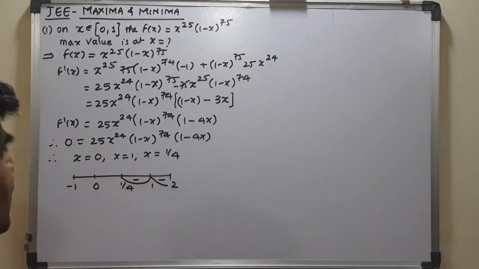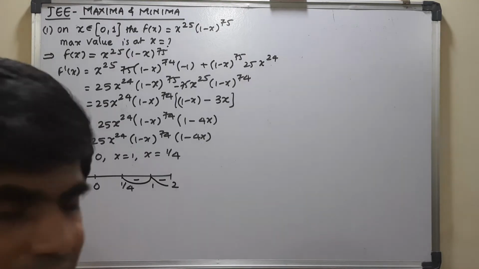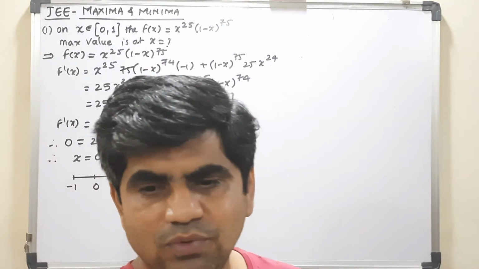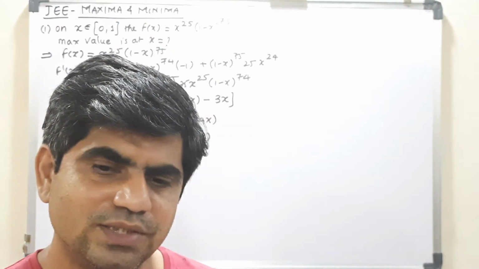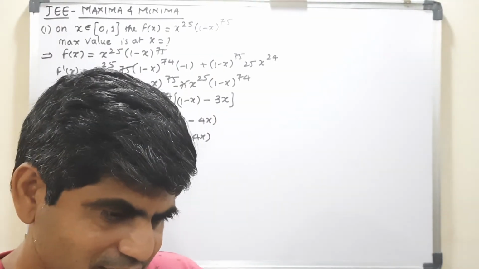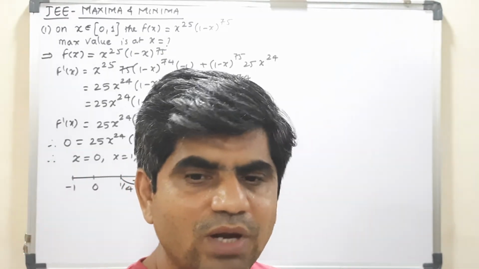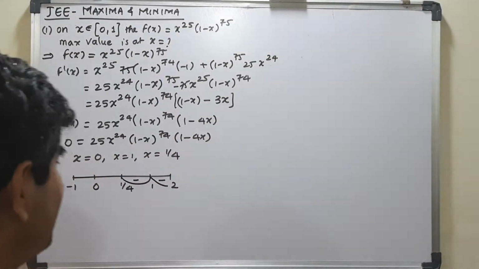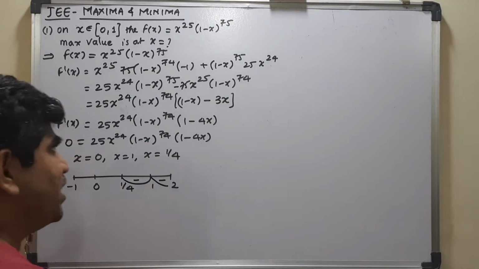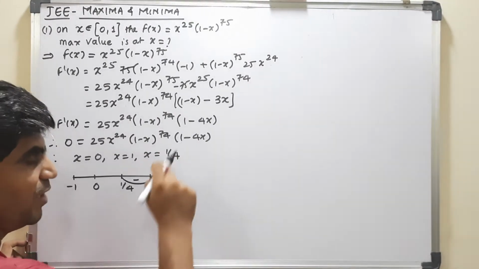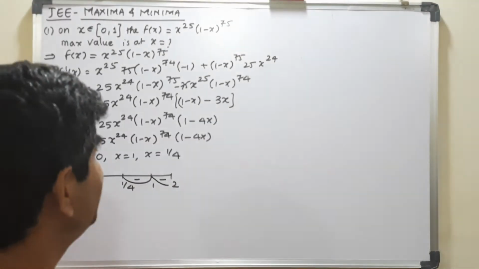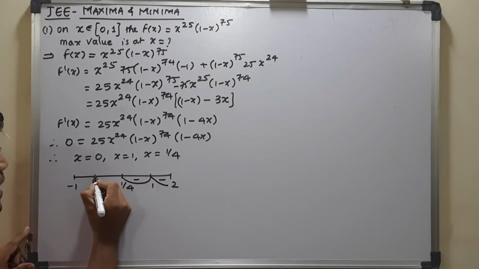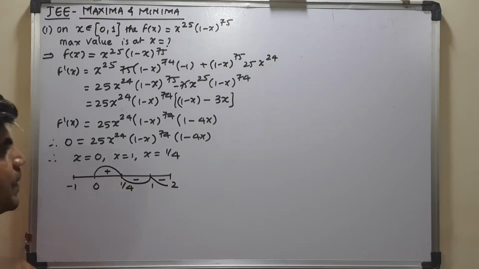Then between 0 and 1/4, what should I take? 1/4 is 0.25, so I can take 1 by 5. If I take 1 by 5, then 1 minus 4 by 5 is 5 minus 4 over 5, which is positive, so it goes upward here.